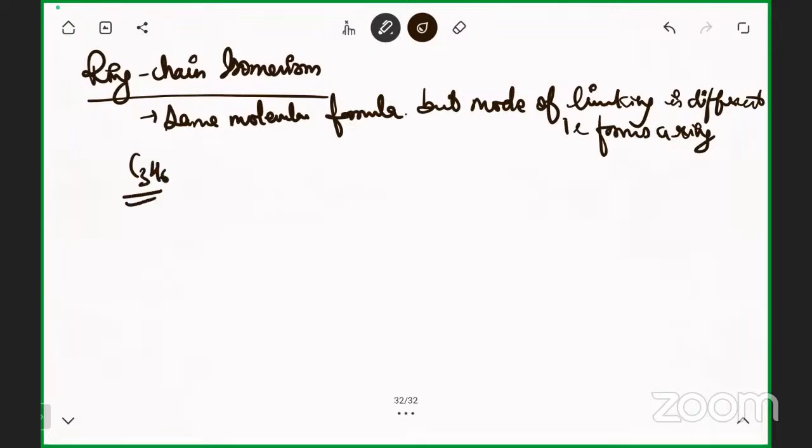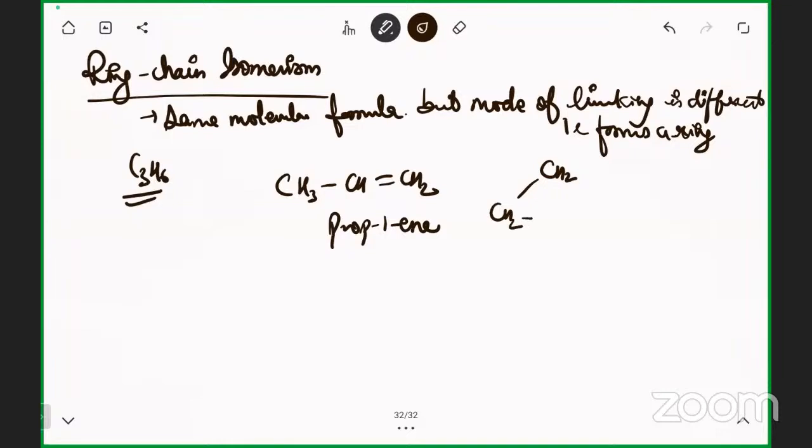We have 3 carbons. So we can make this compound CH3 CH double bond CH2. This is called prop-1-ene. Or else I can make one compound CH2 CH2 CH2 with ring formation. This is called cyclopropane. So both compounds have the same molecular formula, but the linkage is varying. One is forming a straight chain while the other is forming a ring. So when the formation of a ring takes place, that type of isomerism is called ring chain isomerism, just because it is between the ring and the chain.